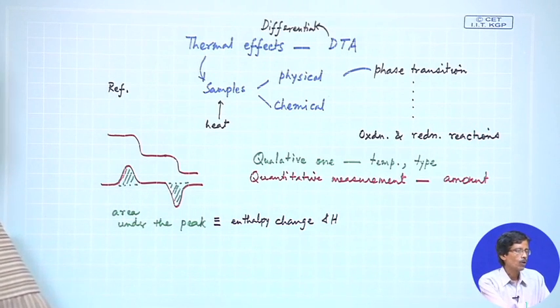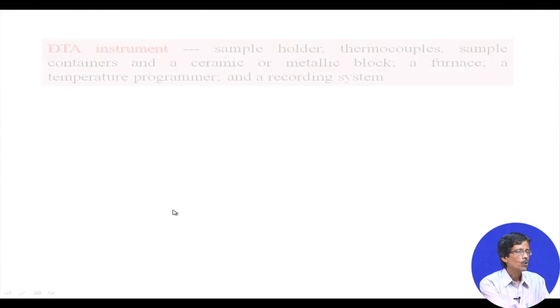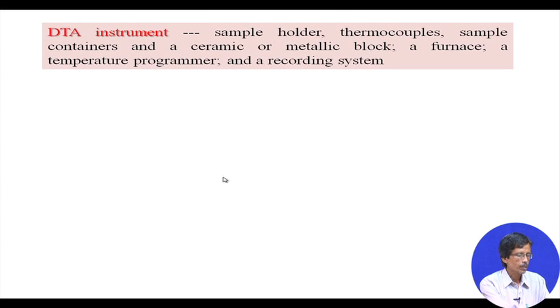And we can see also that when you go for the quantitative measurement, that area under the peak or under the curve we monitor, but this is not affected by the heat capacity of the sample. So, if there is a difference in the heat capacity from one sample to the other, we will not see that reflected in the corresponding peak under the DTA plot. So, what we look for in a typical instrument?